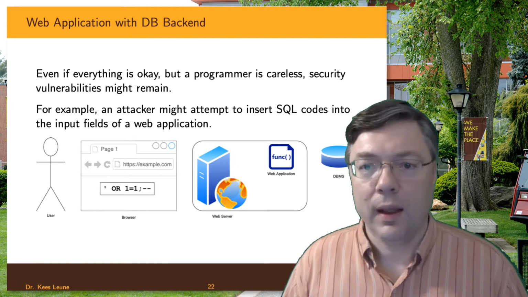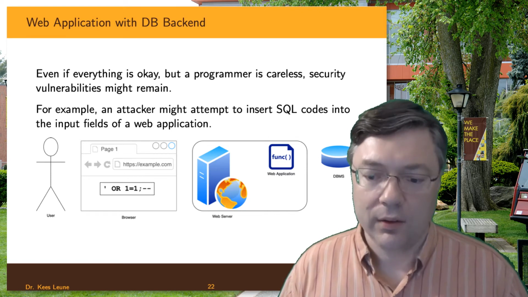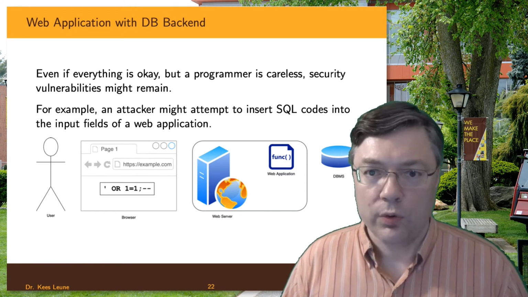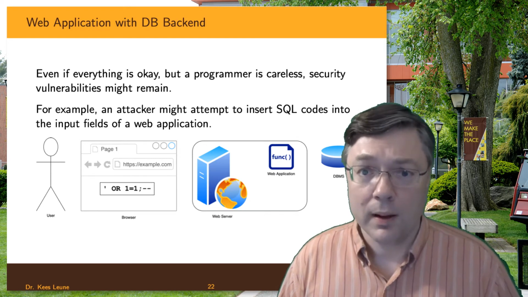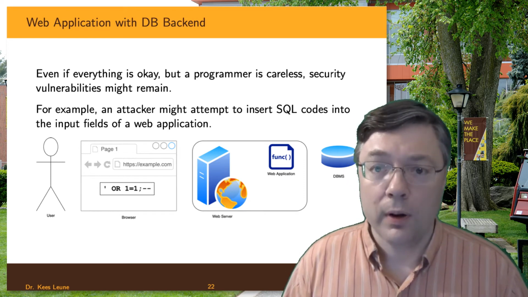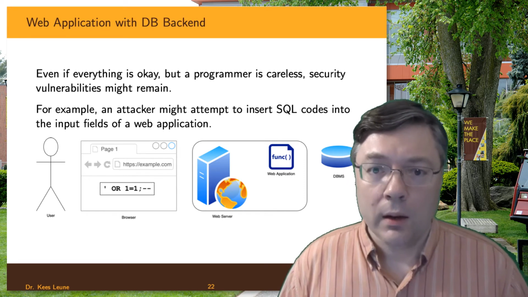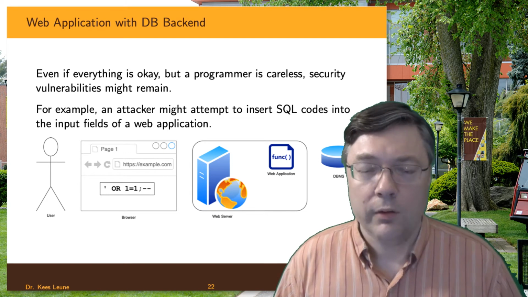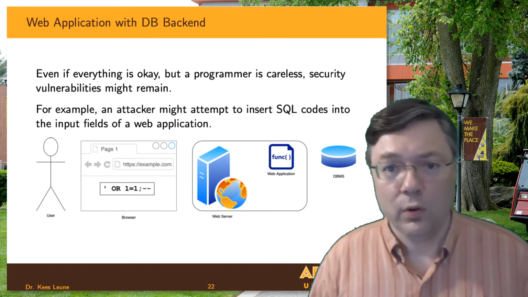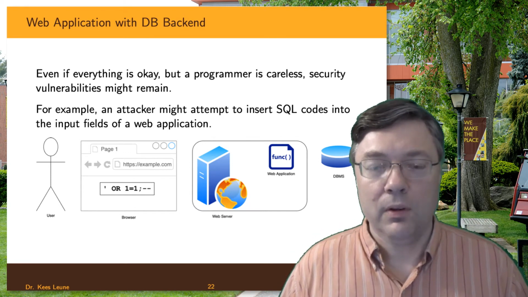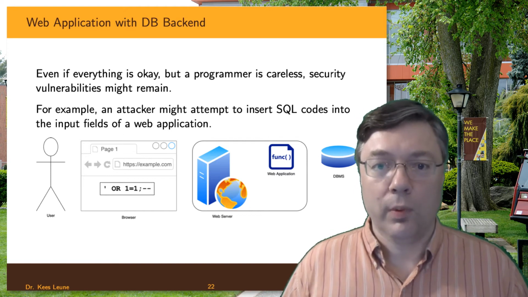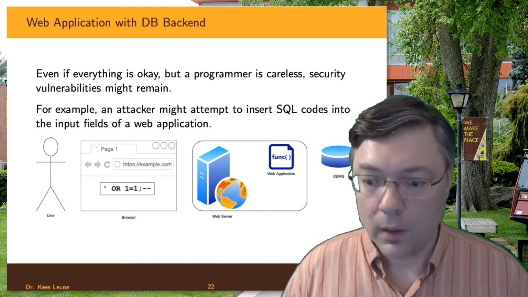Let's say that we have a web-based database application. On the left we have our users. In this case, one of them might be a malicious user who is operating a web browser. Now keep in mind that the web browser is 100% under the control of that user, of that attacker, and that means that whatever originates from that web browser cannot be trusted.